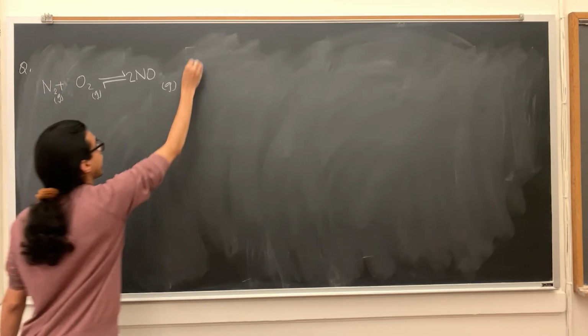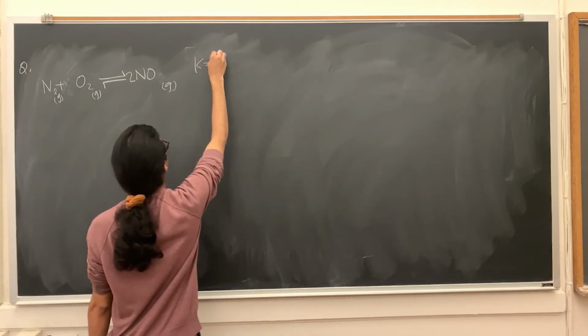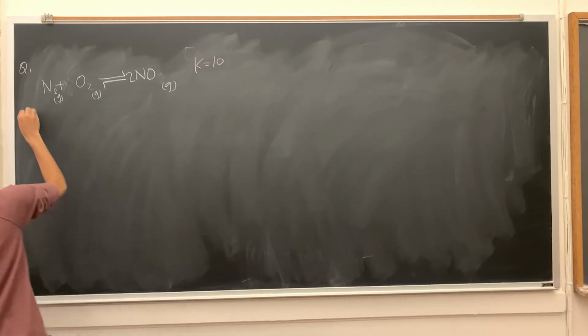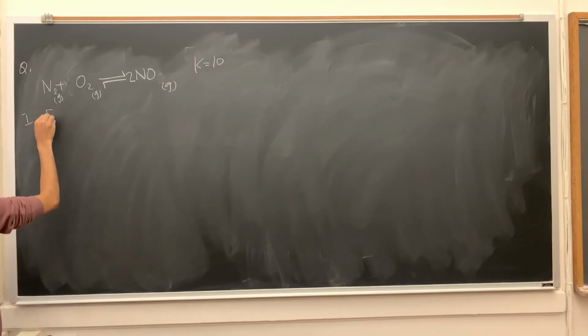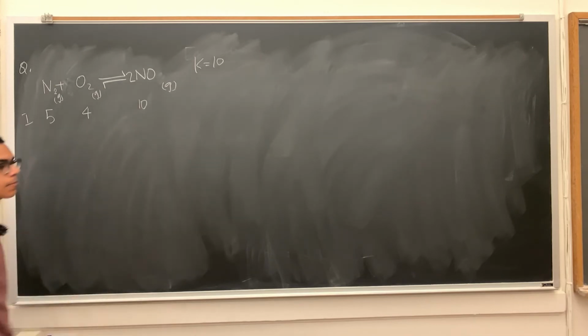All right, I tell you that the K value is, I don't know, 10, and I give you these initial values. I say that this is 5, this is 4, and this is 10. These are pressures, so we're going to do a pressure question. These are the initial values that have been given to you. They're in atm. And I've told you that K equals 10. Same question, calculate equilibrium pressures.